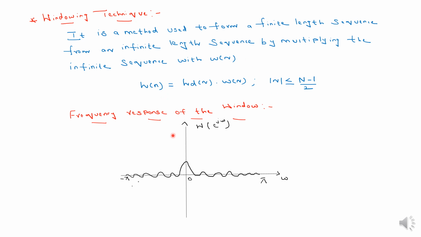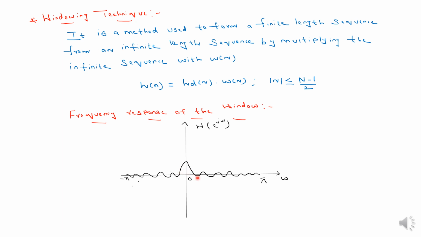Moving on to the frequency response curve of the windowing technique. The frequency response curve is plotted as omega versus w of e power j omega, which is your window sequence. Looking at the characteristics of the window, whichever window we take, the central lobe will have the maximum energy, and the width of the central lobe should always be narrow.